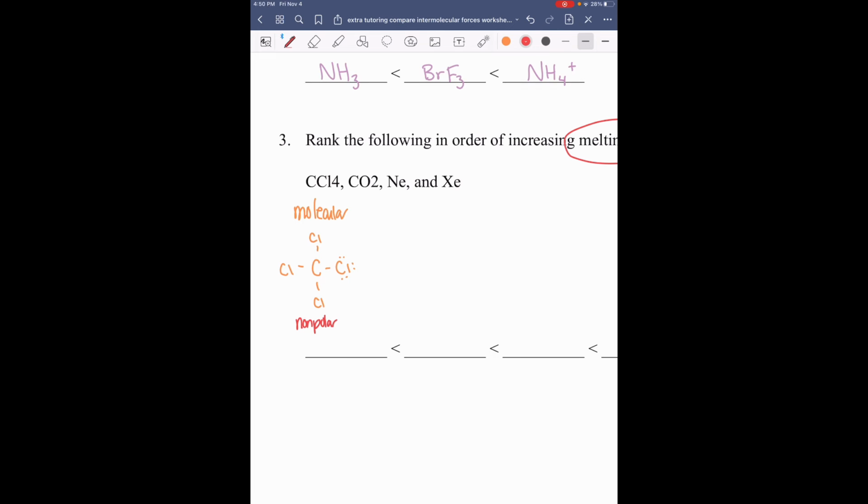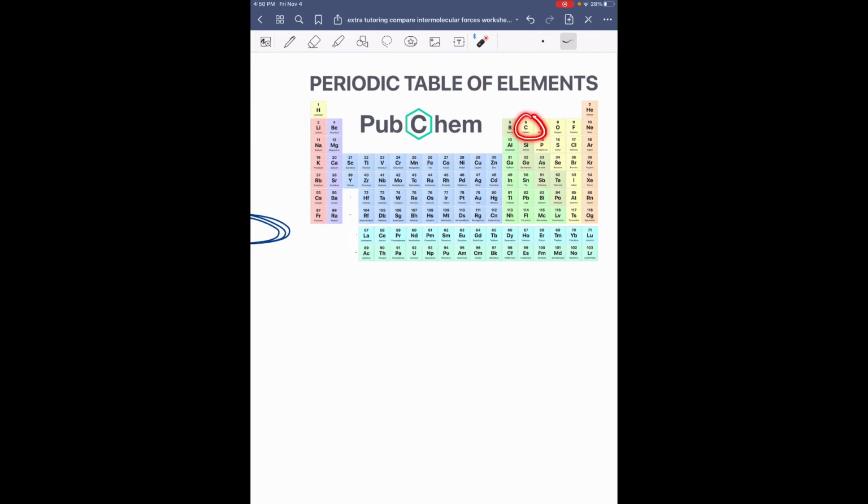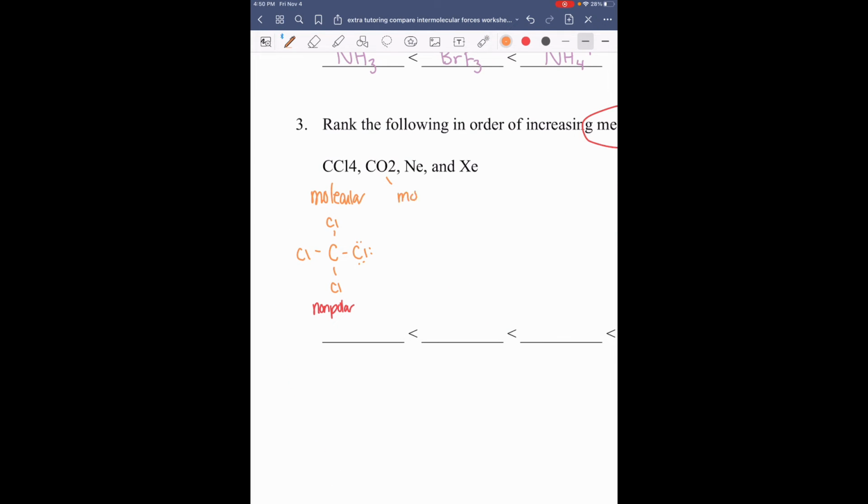Then we have CO2. So if we look over, we can see our CO2, a molecular species. And if we have a molecular species, what do I want you to do? Draw the Lewis diagram. So carbon in the middle, oxygen likes its double bonds. Here we have a formal charge of 0. See if this is polar or nonpolar.